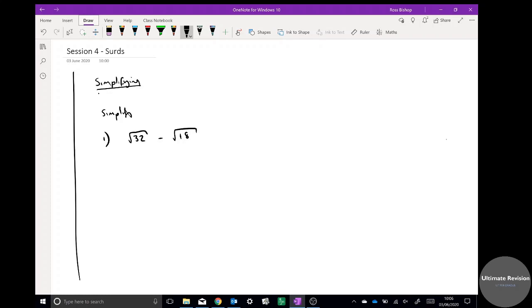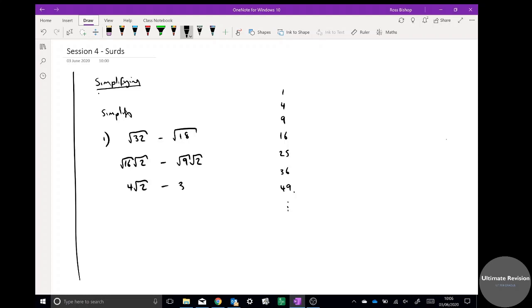number. It's good advice to just put a list of the square numbers down the side, which is going to help us. But 32, the biggest square number that goes into that is 16. So it's going to be root 16, root 2, because the two numbers need to multiply to 32. And 18, we're going to have a root 9, root 2 there. Now I can simplify this a bit easier because root 16 is 4, so 4 root 2.